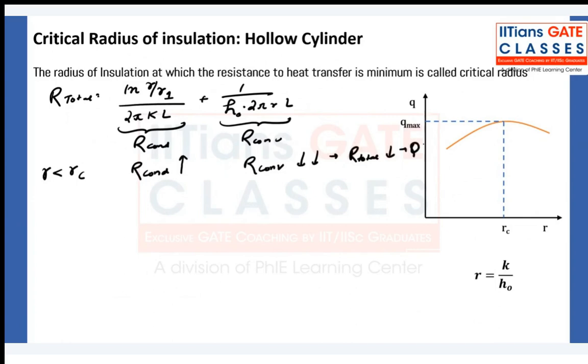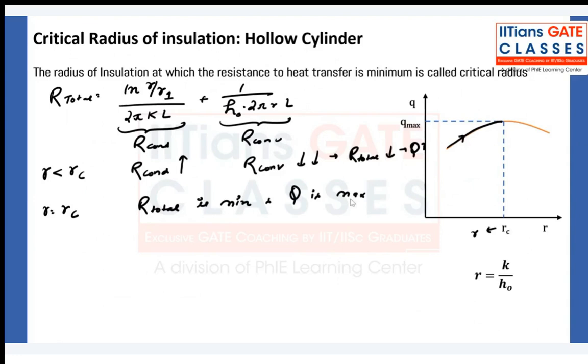So you see, when R is less than RC, heat transfer is increasing. Now at R equal to RC, R total is minimum and heat transfer is maximum.